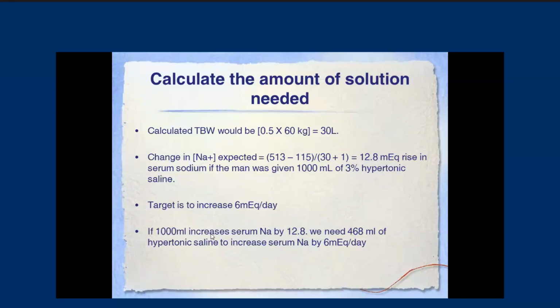So if 1000 ml increases the serum sodium by 12.8, how many ml are required to increase the serum sodium by 6 milliequivalent? We multiply 1000 by 6, which is 6000, divide it by 12.8, and we need 468 ml of hypertonic saline to increase the serum sodium by 6 milliequivalent.